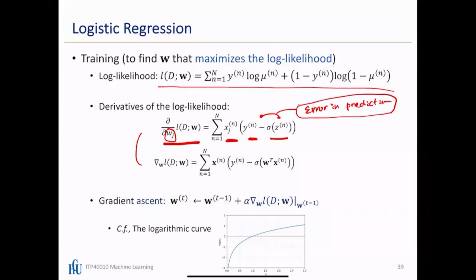And this error is multiplied by your observation. So this is the result of a partial derivative, and you can write down the total derivative in this way as well. So things are represented in terms of a vector.